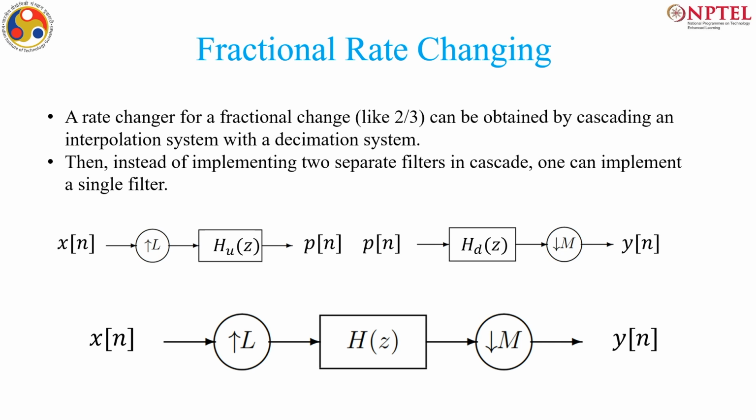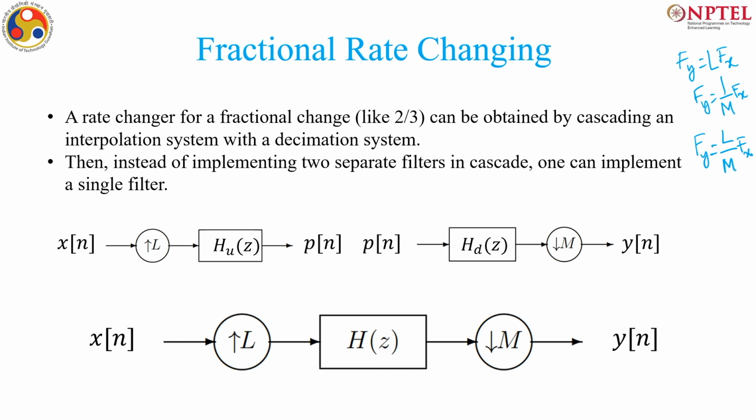So, we have now understood the case where f_y is L times f_x, which is upsampling, and also the case where it is 1 by M times f_x, which is downsampling, and we also covered interpolation and decimation. What about a fractional rate, like if it is L by M, which is a rational number, how to do it?